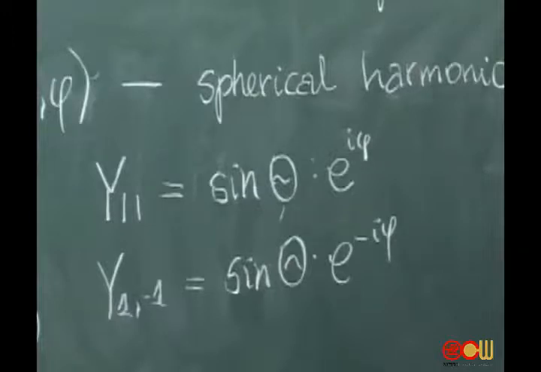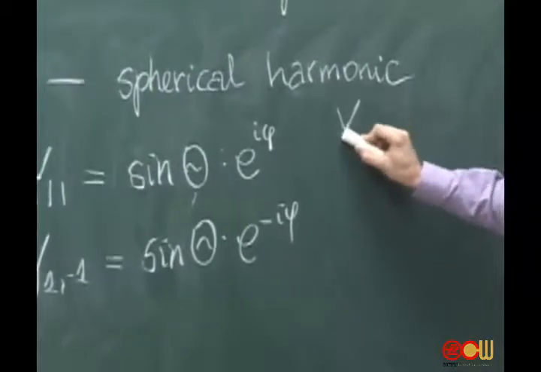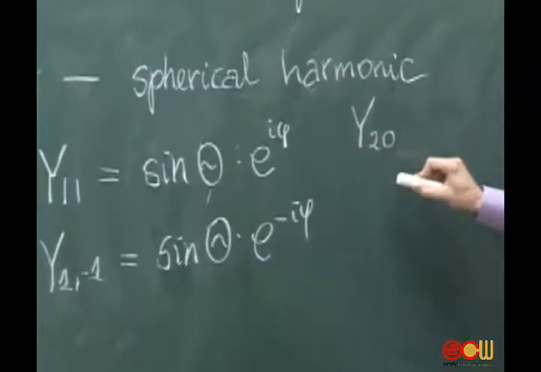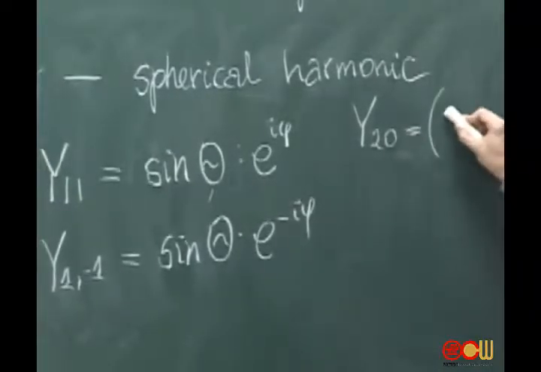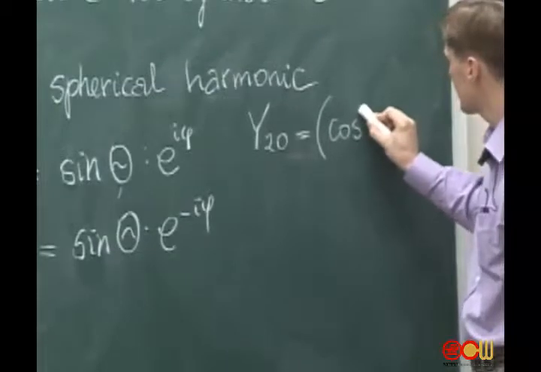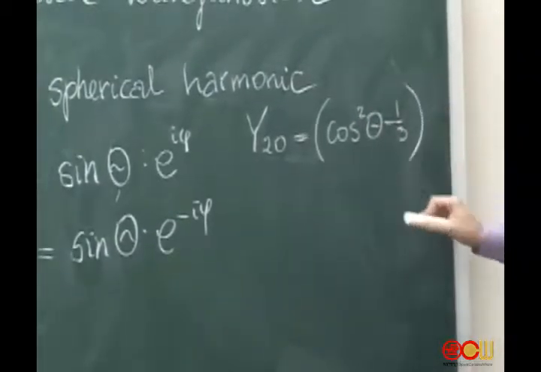I'm giving you a few more and we stop here. Next one is 2, 0. And this one is a bit more complicated, cosine squared theta minus 1/3.